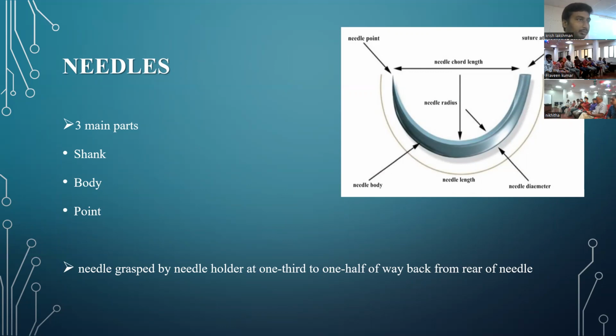Otherwise, you address the needle with the needle holder at the tip of the needle holder, not 3 or 4 serrations down. So more precision is achieved by using it at the tip of the needle holder. And that gives you more precision. Yes.